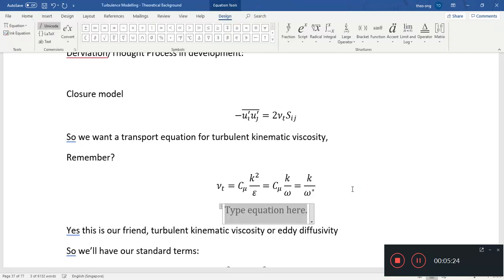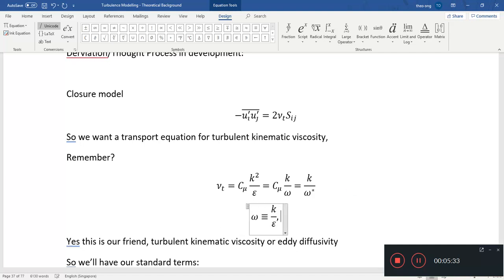Omega equals, or if you see in the literature, epsilon over k. This is just a refresher. Omega star equals omega times c_mu, or sometimes they'll use beta star on the CFD Online website.